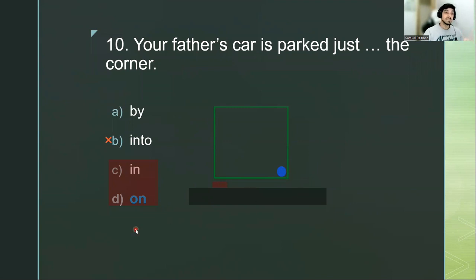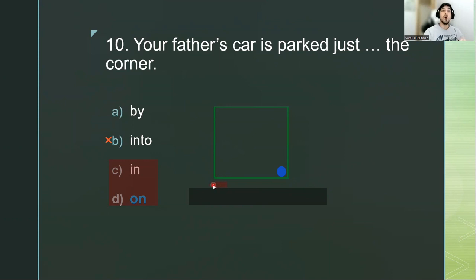Why? Because it's the interior of the corner, okay? When we are in the interior of the corner, we use in because it's inside that corner. But if it is like the car, in the outside part of the corner, right?